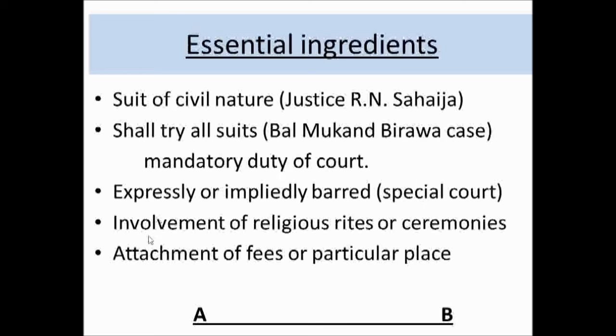Now the question is whether suits of civil nature include religious rites and ceremonies as well. This is what Explanation 1 is talking about. If the case is of civil nature and some smaller part of that case is related to religious rites and ceremonies, or we can say that in order to decide a civil suit we have to decide religious rites and ceremonies as well, then that case will also be considered civil under Section 9.